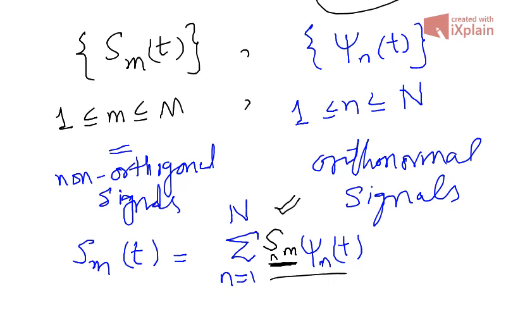So you can represent each waveform as a linear combination, as a summation of these orthonormal waveforms.